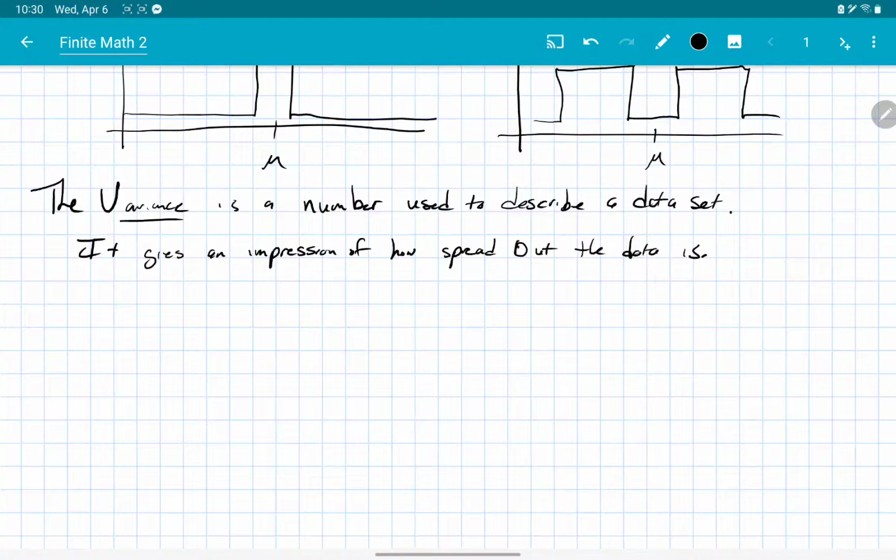The normal distribution is something you've seen before. It's sometimes called the bell curve. Have you heard of the idea of a bell curve? A bell curve is completely determined by its standard deviation and its mean. So those two numbers completely determine a bell curve.